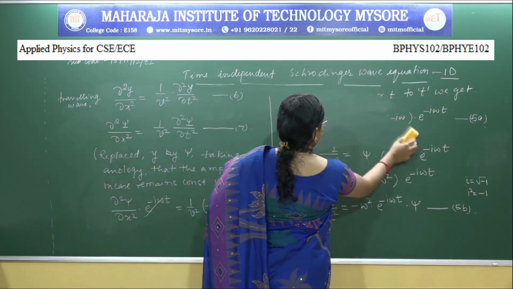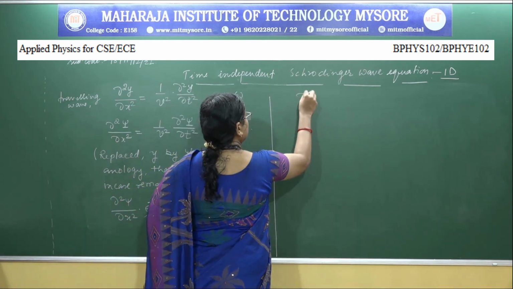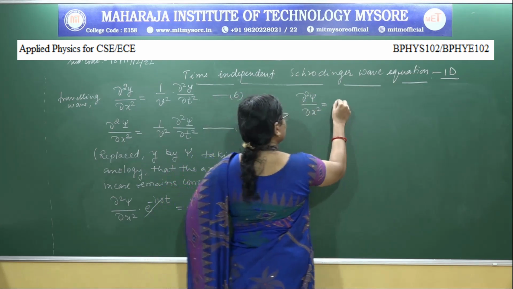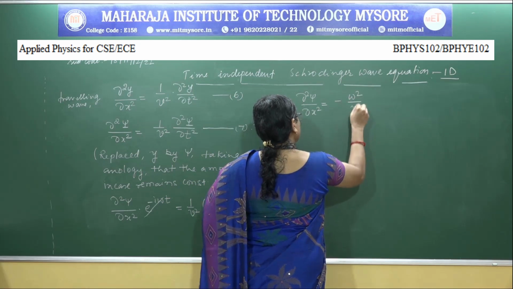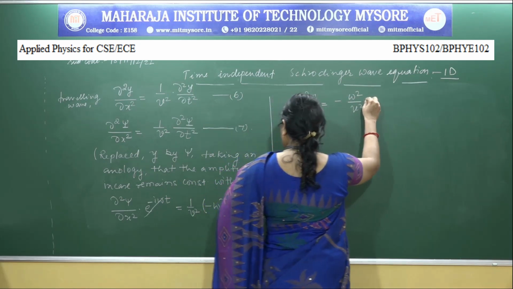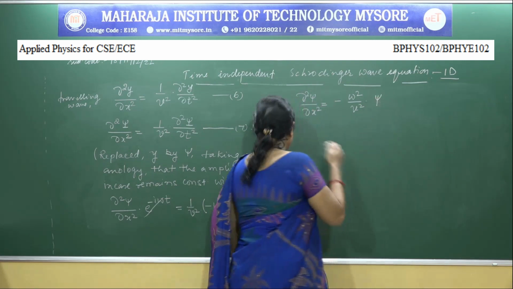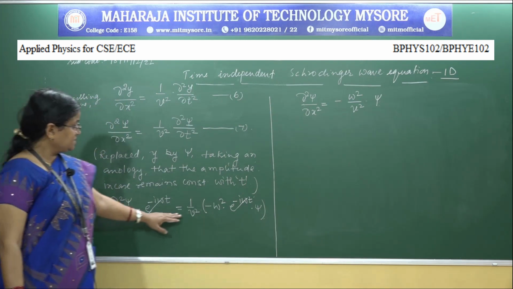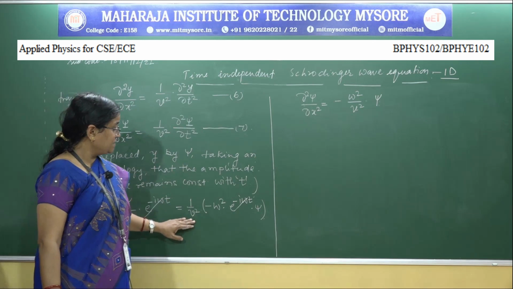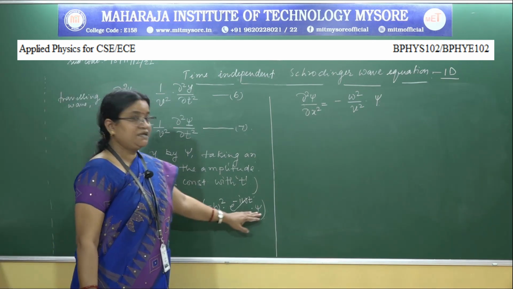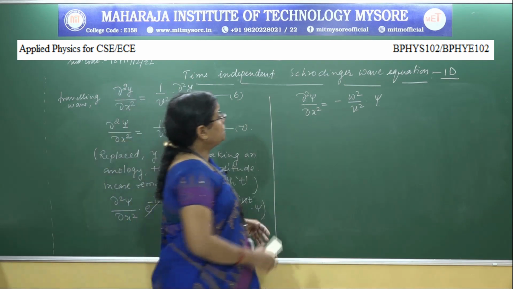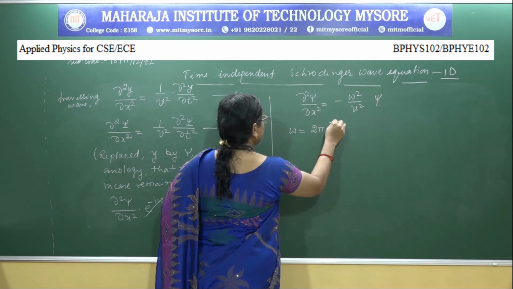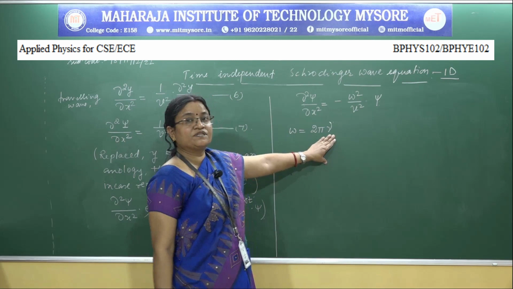So, what we get, the equation dou square psi by dou x square is equal to minus omega square by v square into psi. We'll get dou square psi by dou x square is equal to 1 by v square minus omega square into psi. So now what we know that omega is equal to 2 pi nu, where nu is the frequency.